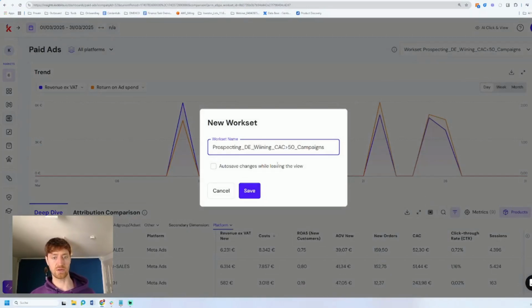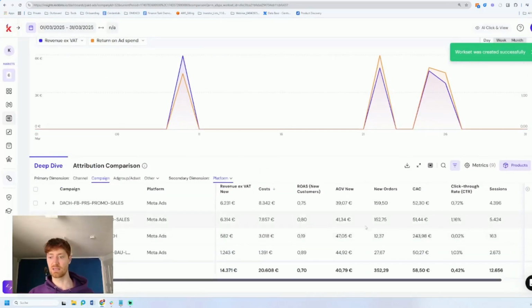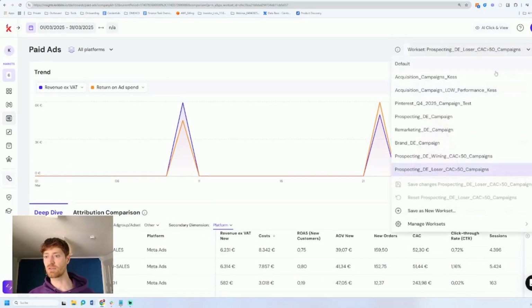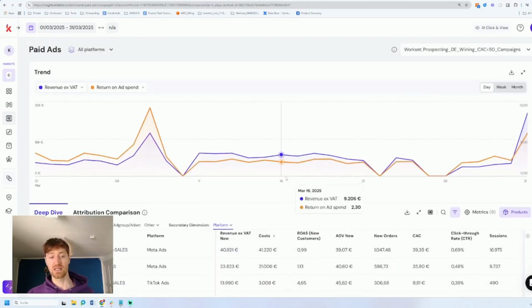Call this loser. Yes. So we see here that all of the customer acquisition costs that are above 50 are in this campaign. The ones below 50 are in the winning setup.